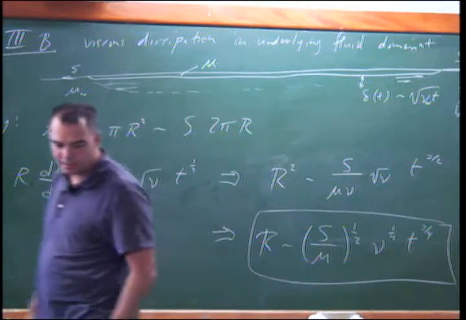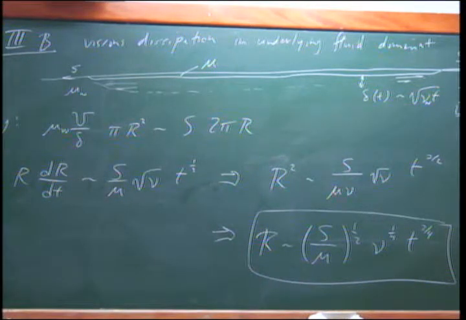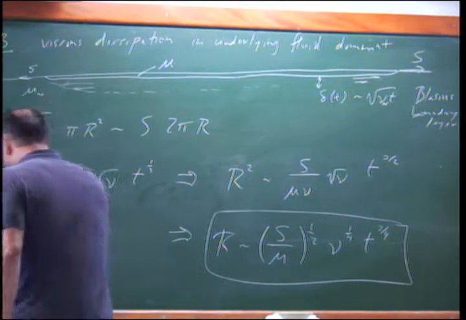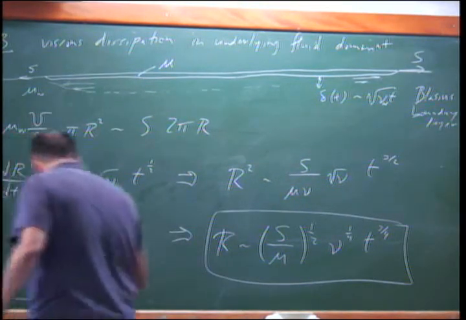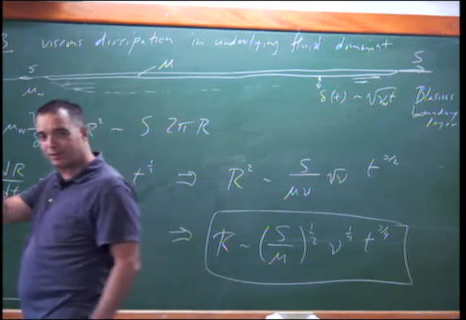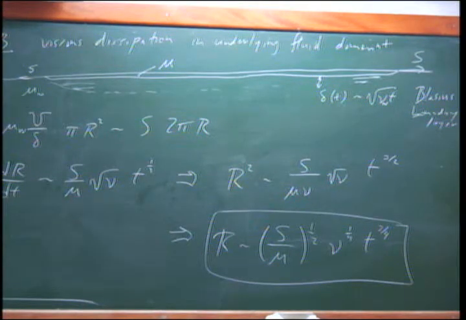Okay, so you may think this is all very far-fetched, but if you look at data, there's a book by Fay, who's a professor at MIT, in engineering, and he has a very nice plot of basically the radius of an oil spill, and you really see all 4 of these phases in the scaling.